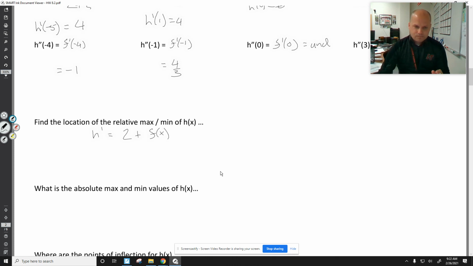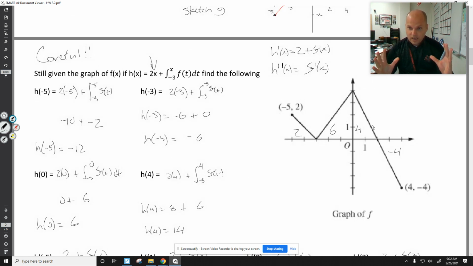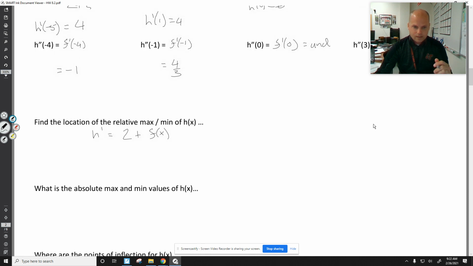So what does that mean? Well, you could think of taking this graph and shifting it up 2. That's the graph you need to look at; that's going to tell you how much you're increasing or decreasing. But what I like to do is figure out when this passes through 0, when it crosses the x-axis.